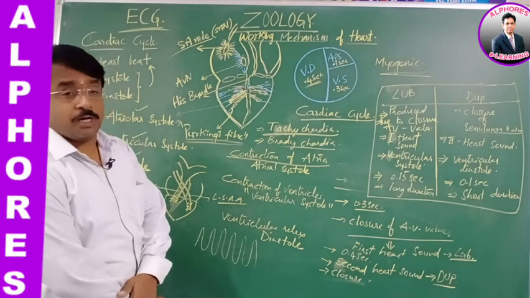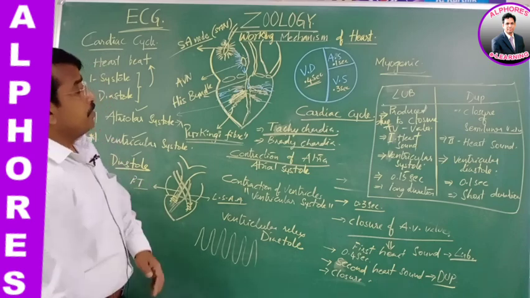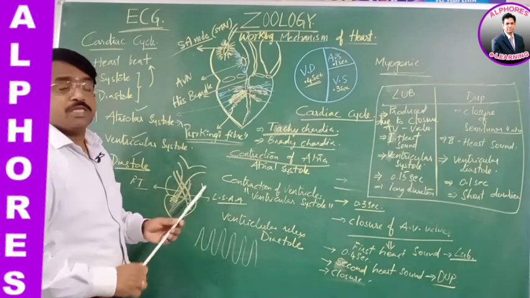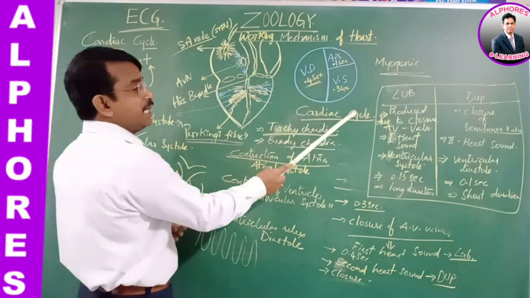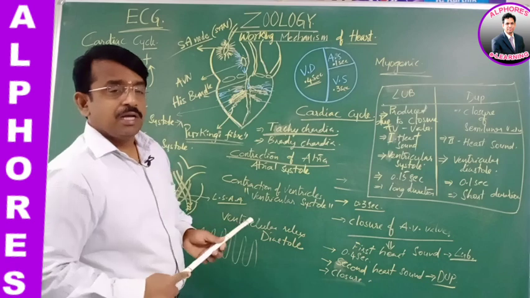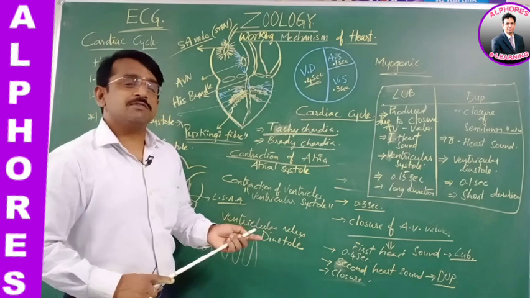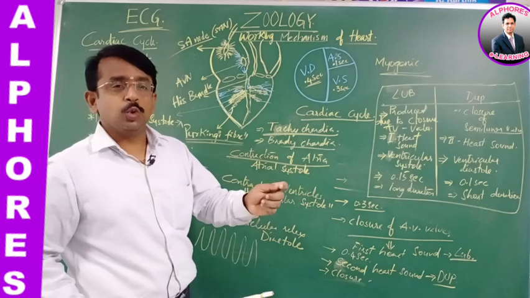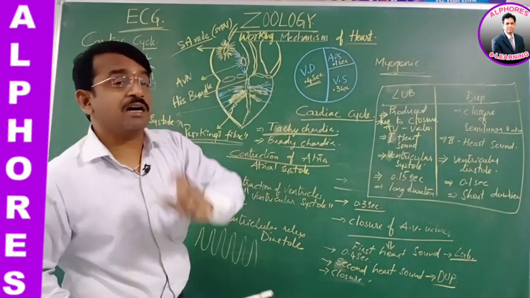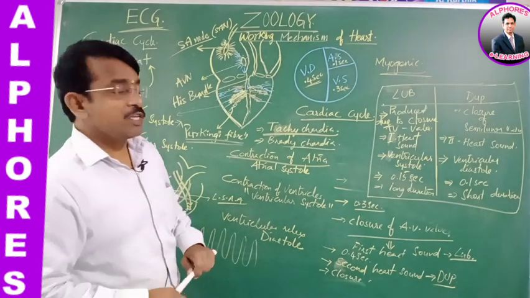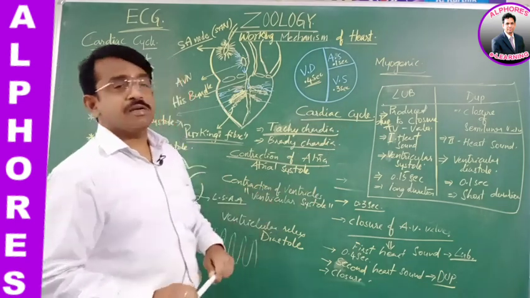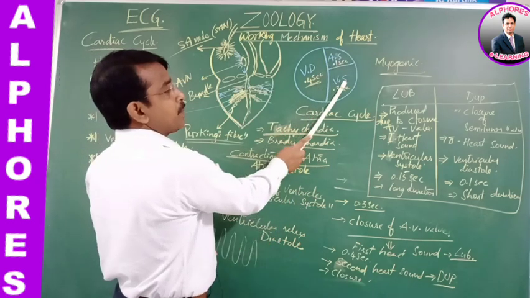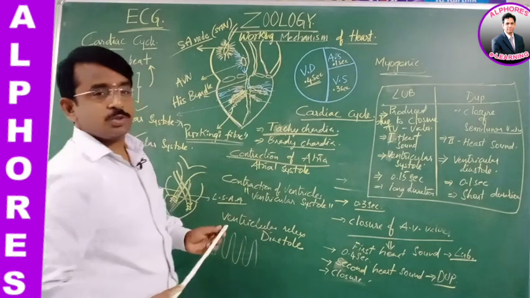Yes. Next, here diagrammatically you can understand what all this is. The cardiac cycle is nothing but the series of events from the beginning of one heartbeat to the beginning of the next heartbeat. These events are named the cardiac cycle, which involves atrial systole, ventricular systole, and ventricular diastole.